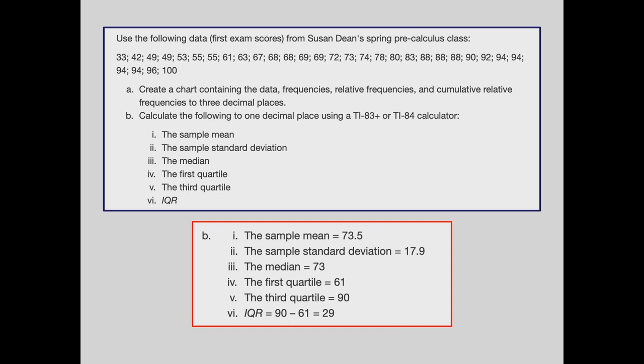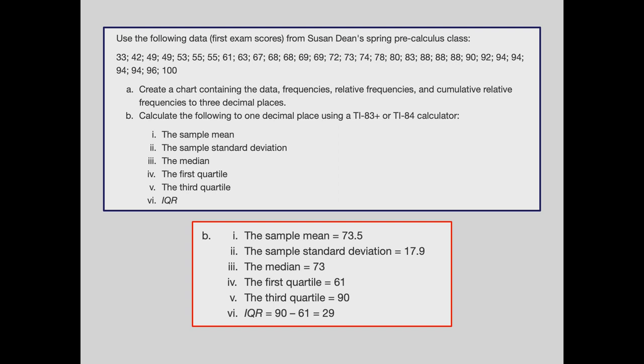Okay, so the sample mean works out to be 73.5. The sample standard deviation works out to be 17.9. When you get to the graphing calculator and do stat, calc, it's going to be x-bar, that's your sample mean: 73.5. Sample standard deviation is 17.9.